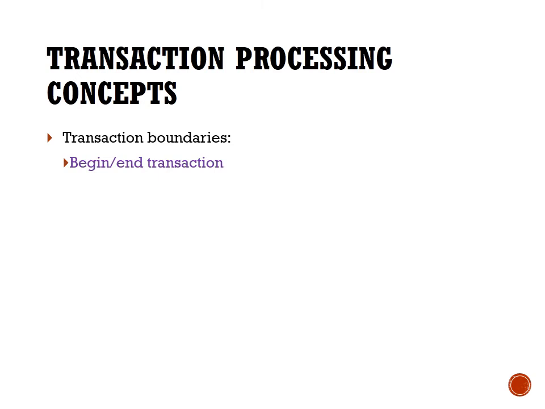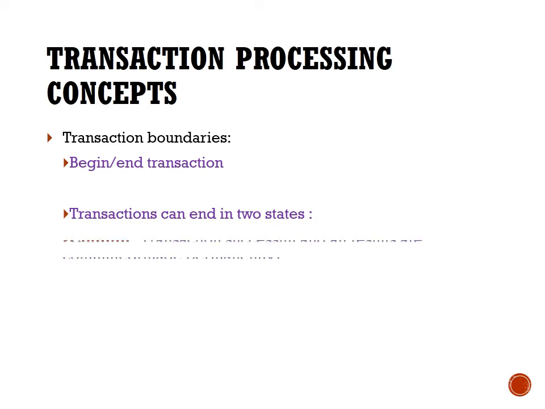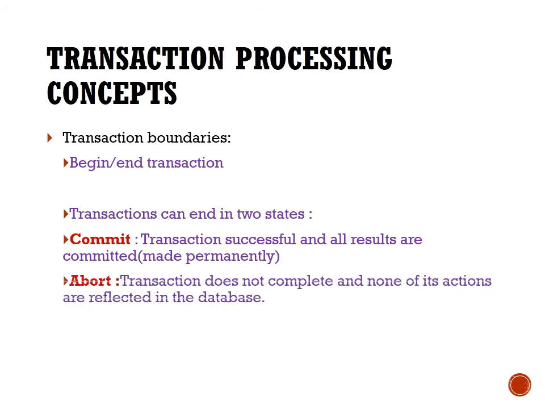About the transaction boundaries, there are two boundaries, begin and end. Each individual transaction can be identified by these boundaries. The end boundary has two states, the commit state and the abort state.